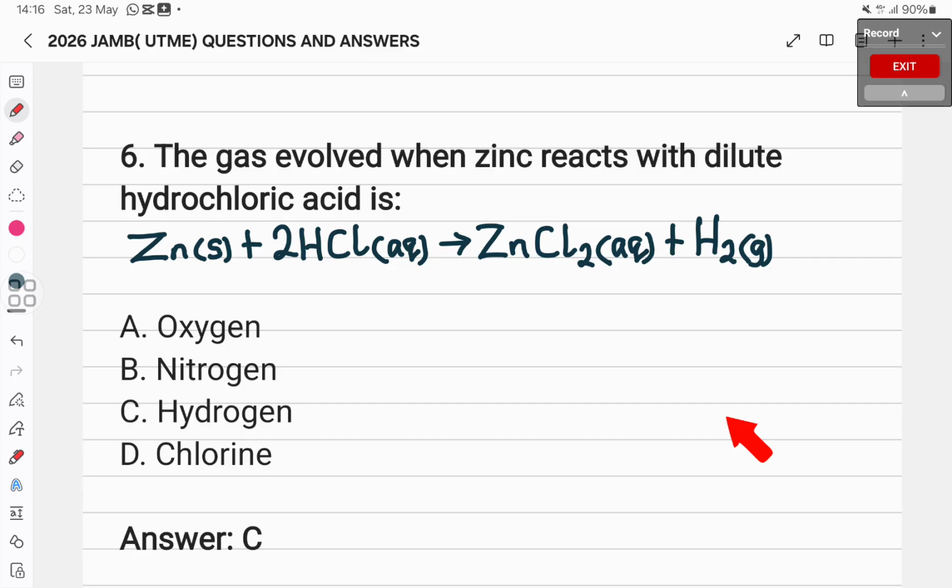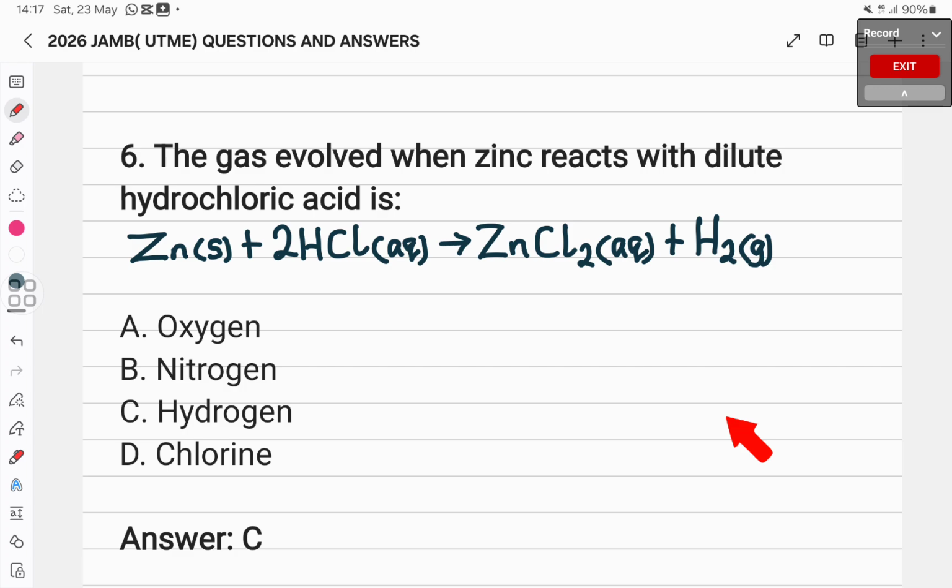If you are very familiar with the activity series of metals, there are some metals above hydrogen and there are some below hydrogen. Those that are above hydrogen are described as reactive metals. Those that are below are described as non-reactive metals. The metals above hydrogen in the activity series are those that can react with dilute acid to form the salt of the metal and the acid and liberate hydrogen gas.